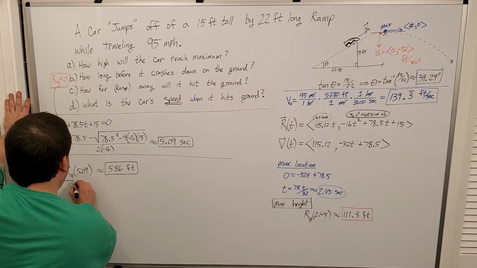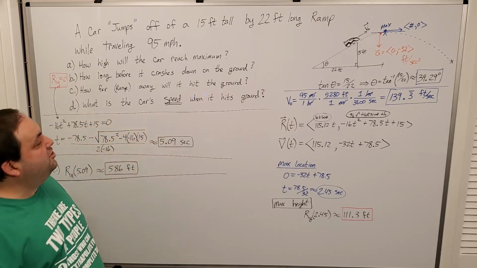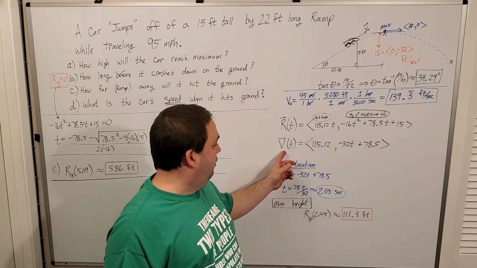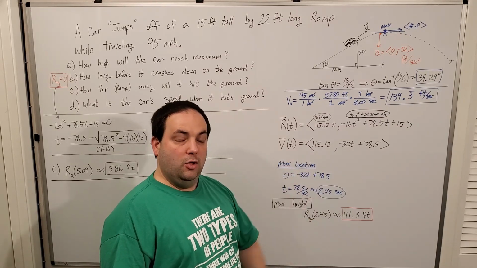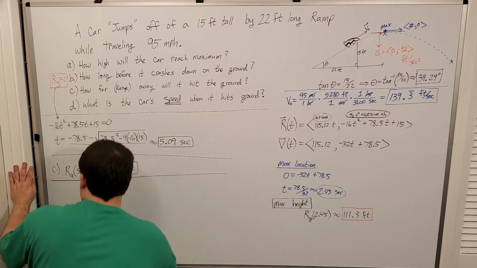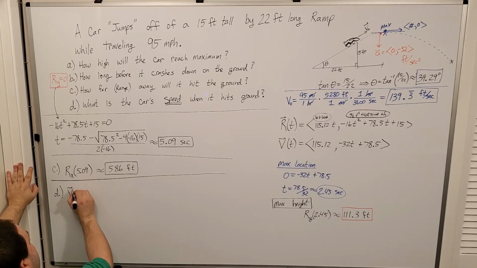Now, part D. What is the car's speed when it hits the ground? Okay? Now I have here a velocity vector function. I want to know the speed when it hits the ground. So, here's what we're going to do. For letter D, I'm going to find the velocity at the point at which it hits the ground. But remember, the velocity at 5.09 is a vector.